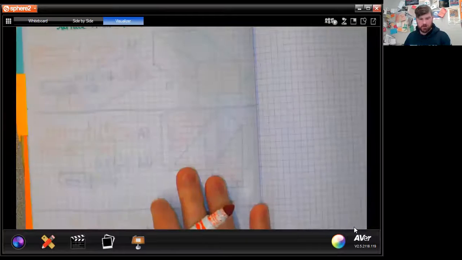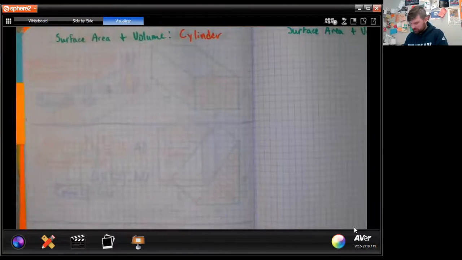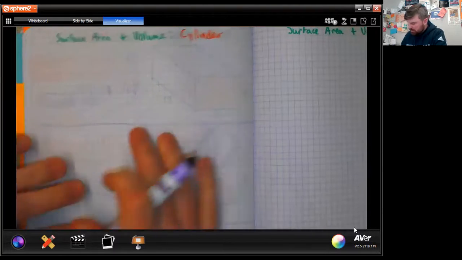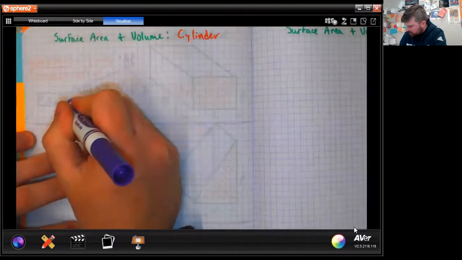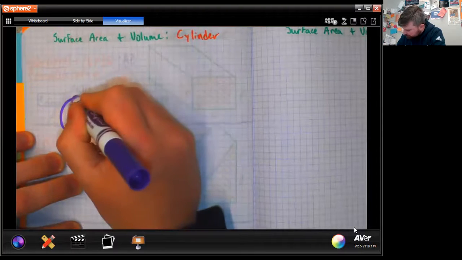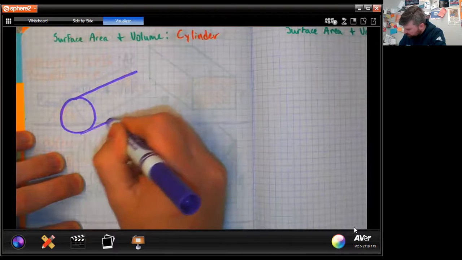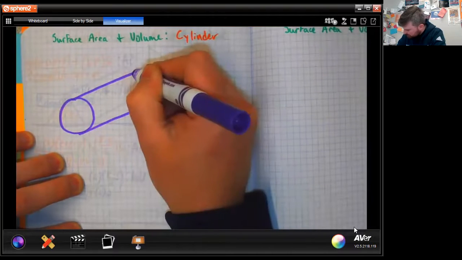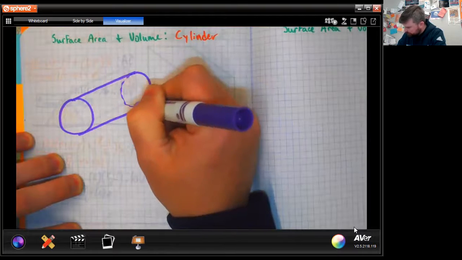Okay, so here on the left page, we took some notes last time. So I'm going to draw two different types of cylinders. We can draw it like our last ones. We can have the circle facing us, maybe like a pipe or something, and arch this here and make that circle there.